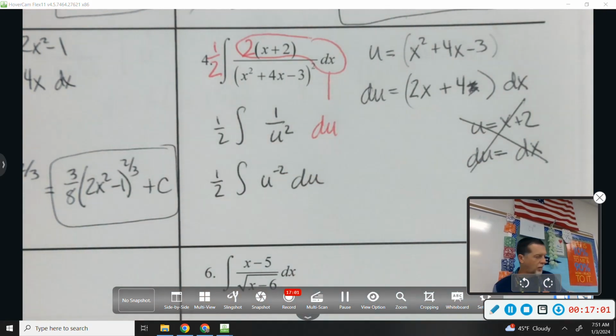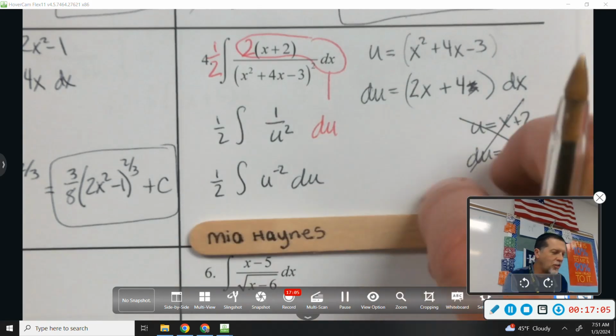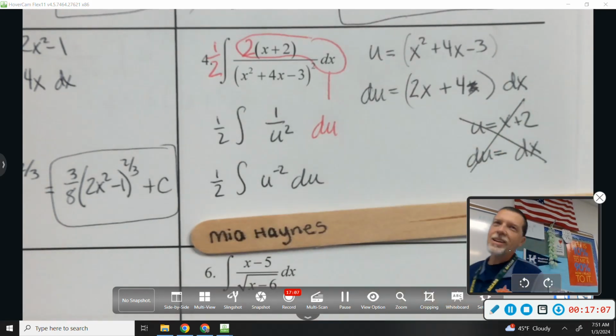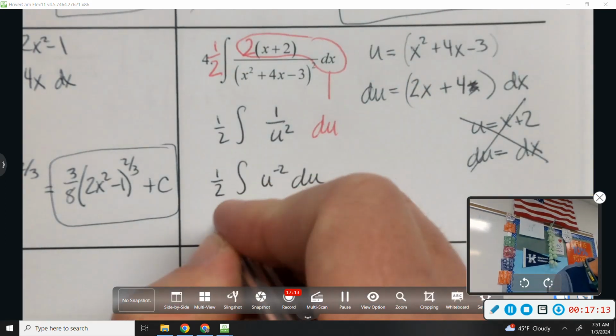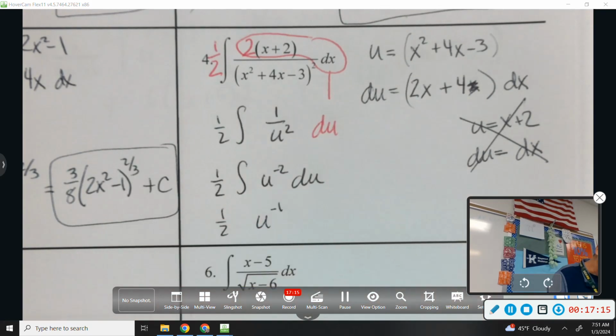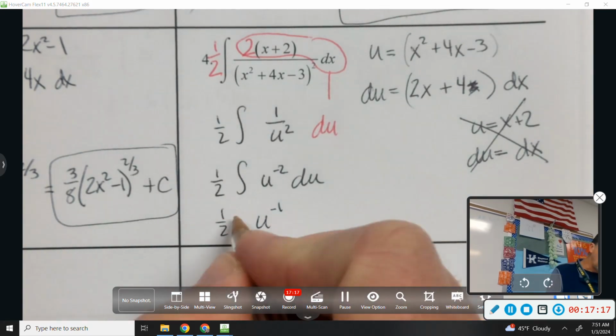Then increase the power by 1 because, Mia, if you start at negative 2 and you add 1, what do you get? Negative 1. So this would be 1/2 u to the negative 1 divided by negative 1.